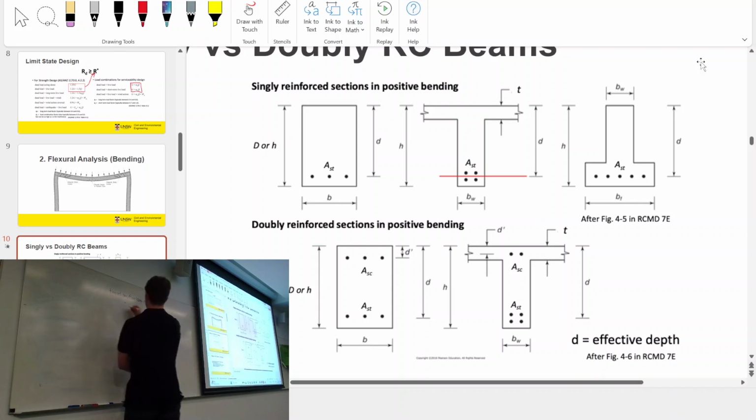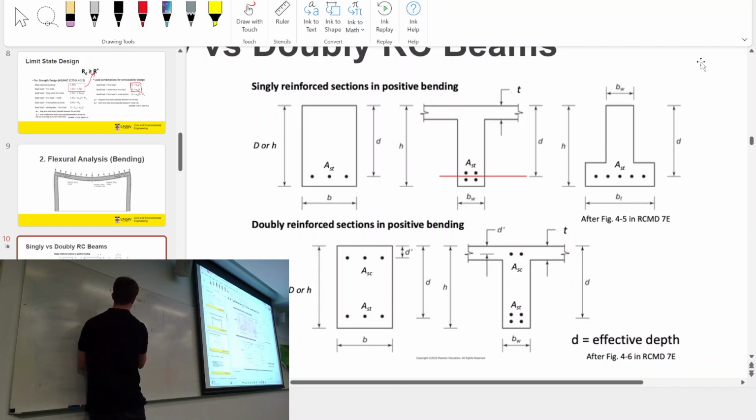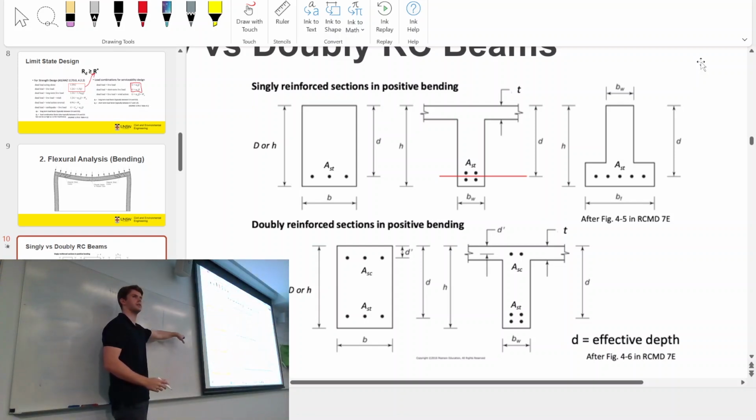Like this basically, this beam with steel is equal to this beam just made of concrete. Does that make sense? Cool.